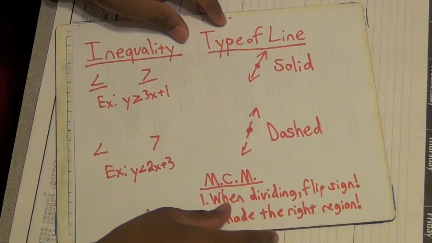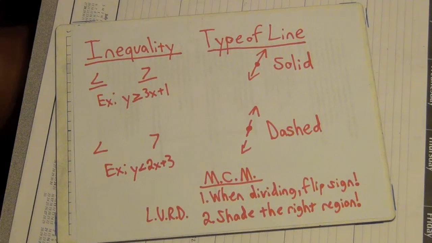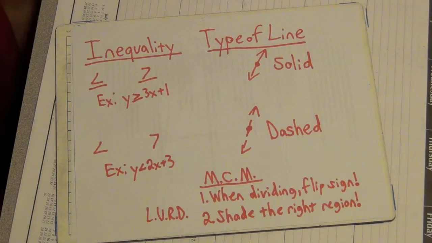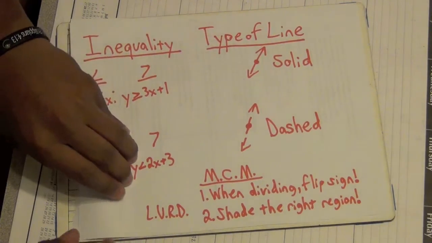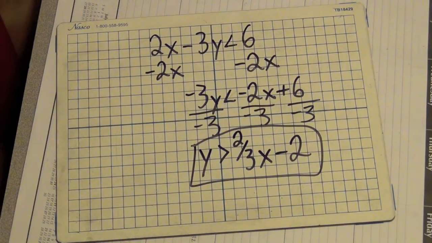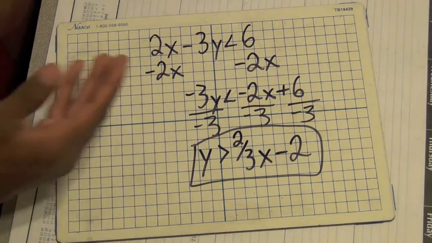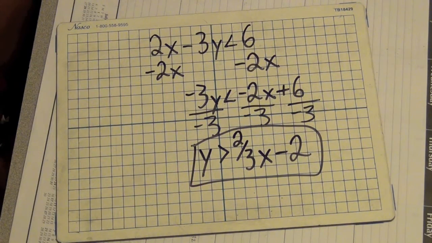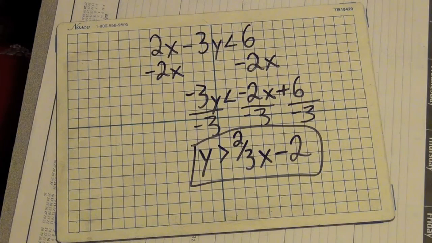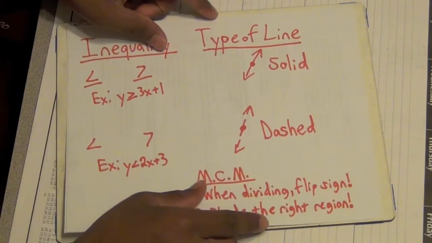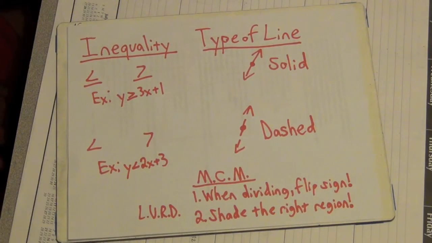The second most commonly missed thing I've seen is shade the right region. As I have an example right here, this equation is 2x minus 3y is less than 6. Oh, before I go to that, I have a little acronym that you can use to remember.